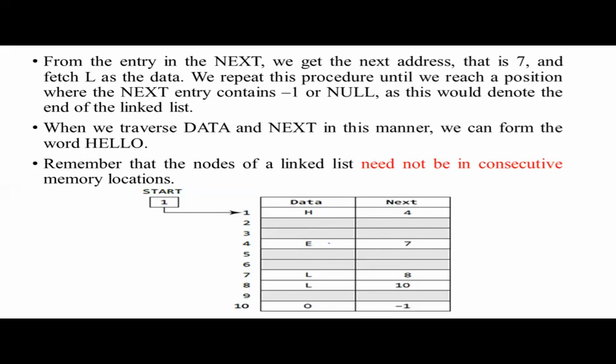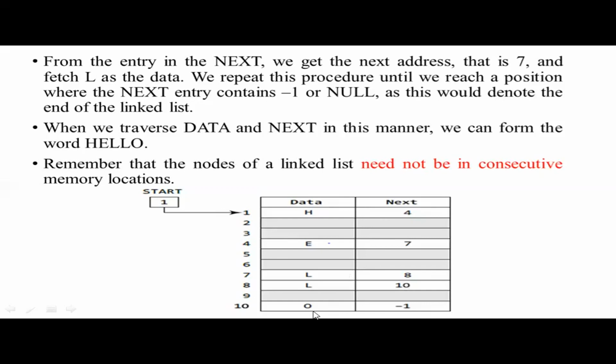After E, I have to move to location 7 to get my third data L. After L, I have to move to location 8 to get my fourth data. After that, I have to move to location 10 to get my fifth data.